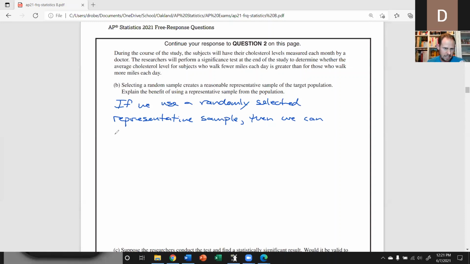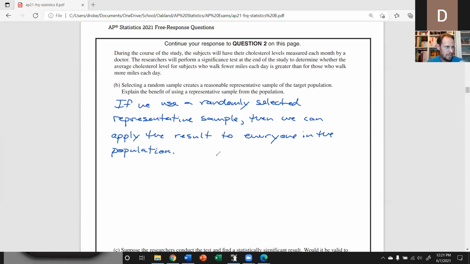So then we can apply the results to everyone in the population.